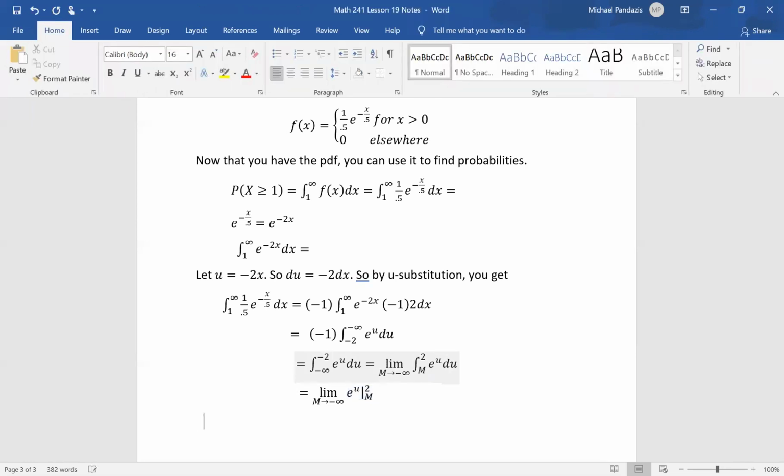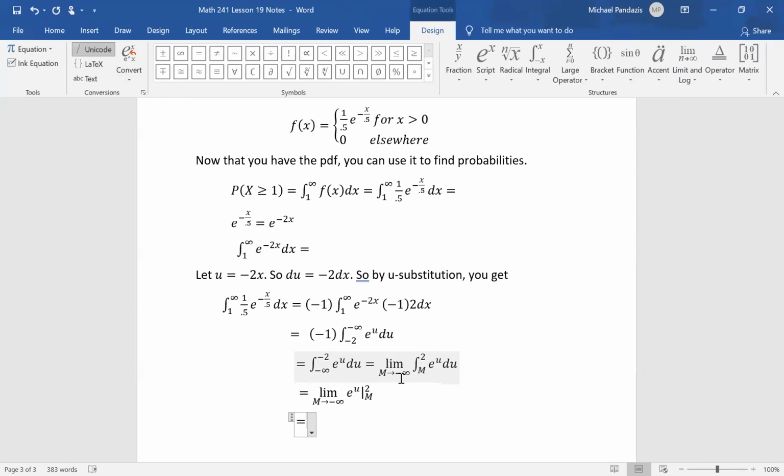Okay, and so this is equal to then that same limit, which equals e squared minus e to the M. And now that limit, well, this is negative infinity.